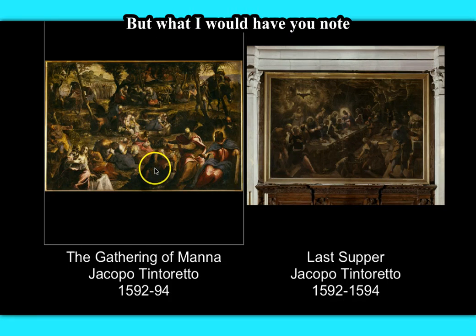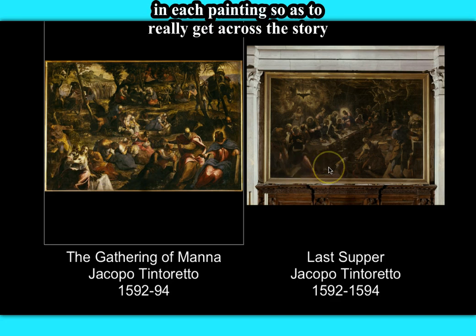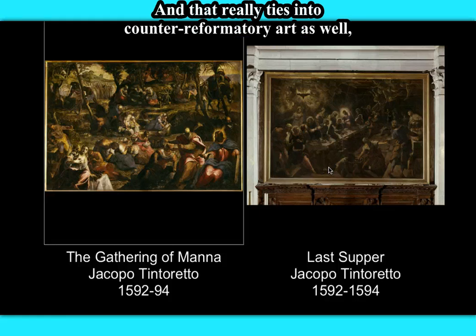But what I would have you note is that Tintoretto has included lots of figures in each painting, so as to really get across the story and explain the details of these scenes. And that really ties into Counter-Reformatory art as well.